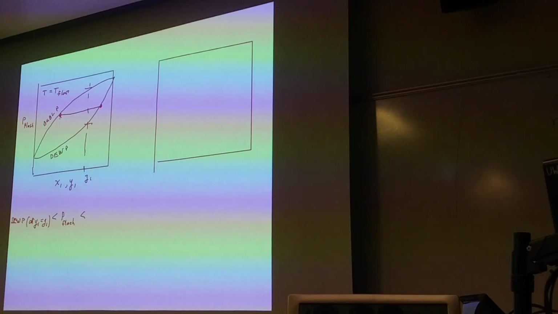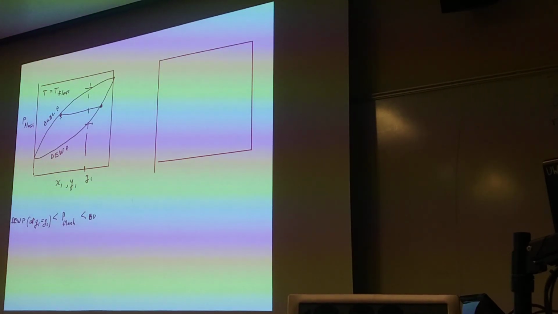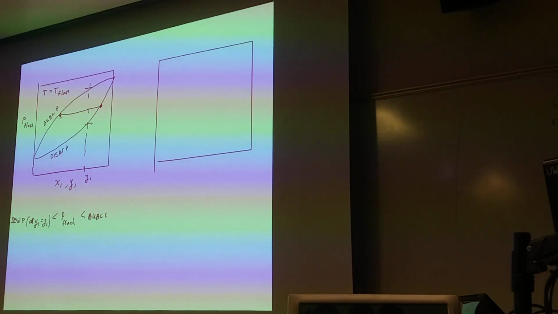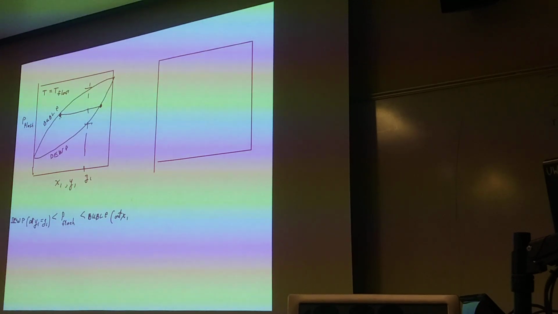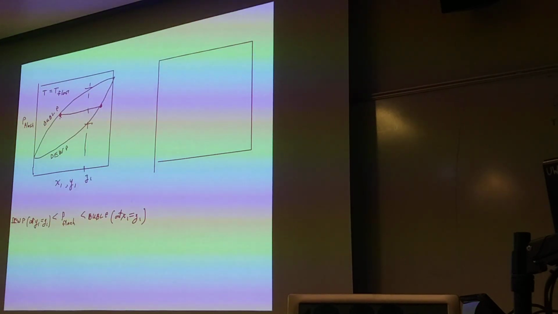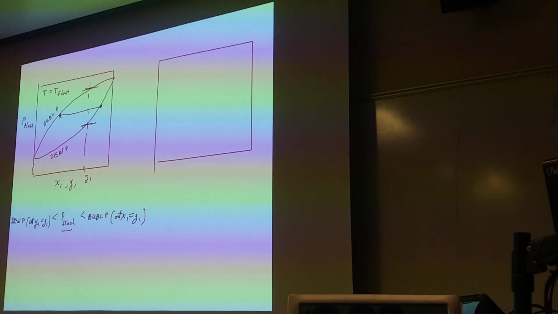Let me write it out and then talk about it. That's a way of stating what I've shown here graphically: I have to have a flash drum pressure between these limits in order to get a split.